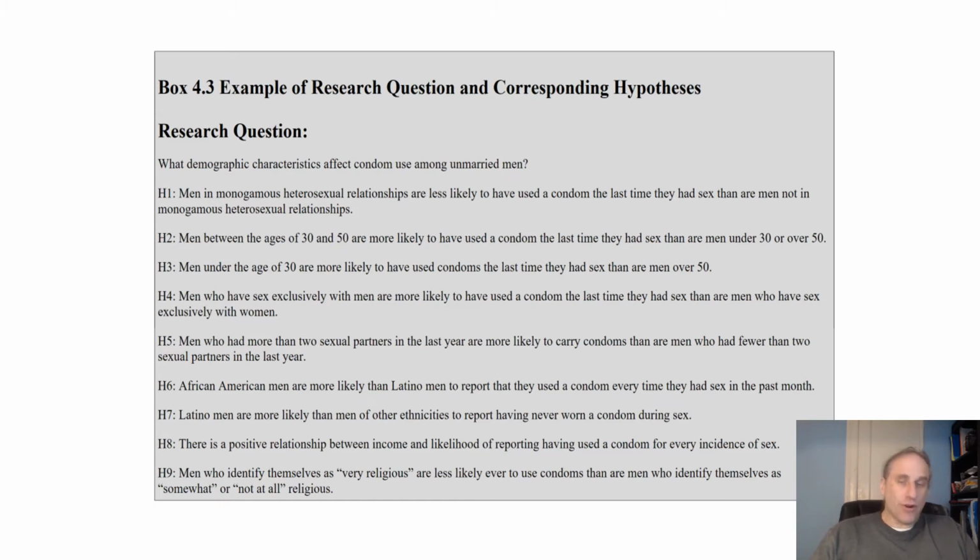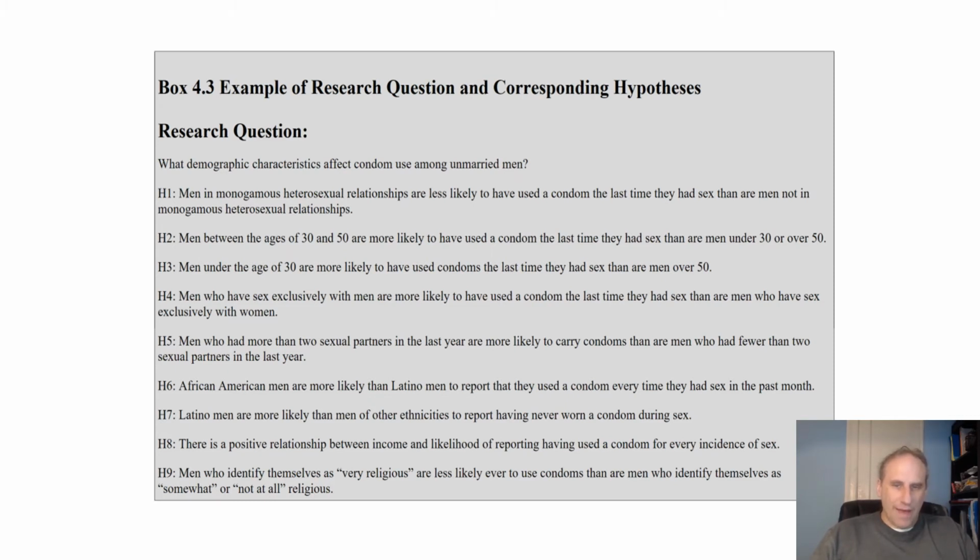And if you're over 50, you're less likely to be fertile. You may be shooting blanks at that point as far as you know, and so you may drop off on your use of condom use. The hypothesis here is people under 30, while they may be having sex, they're less responsible, or at least that's the hypothesis. So you're definitely, in this case, going to have a question about how old are you?